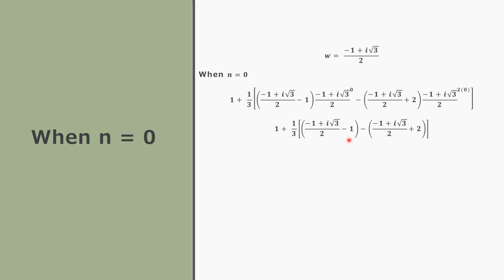So we just have negative 1 minus 2, which is just negative 3. So we have 1 plus negative 3 over 3, negative 1 basically, 1 minus 1. So 0 mod 3 is 0, which is what we assumed in the first place.